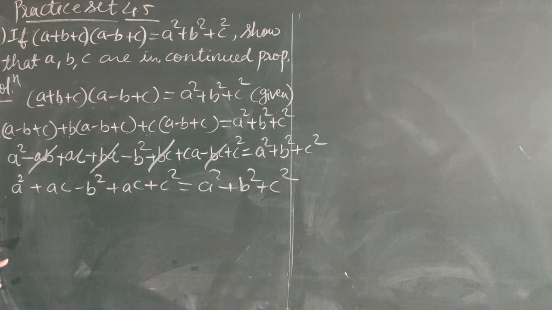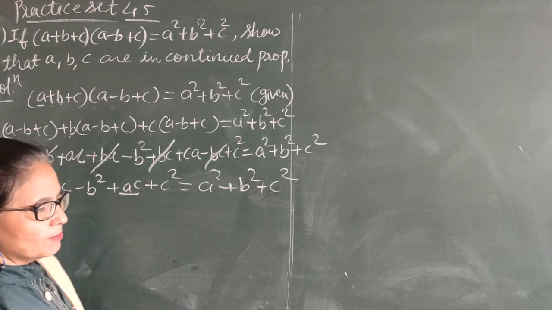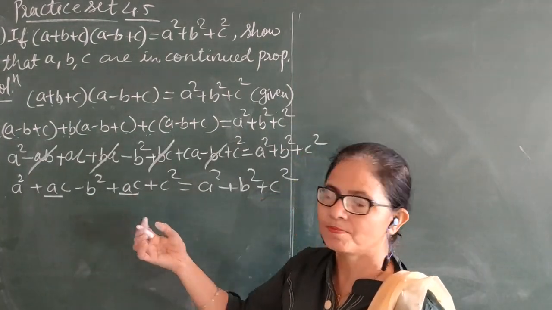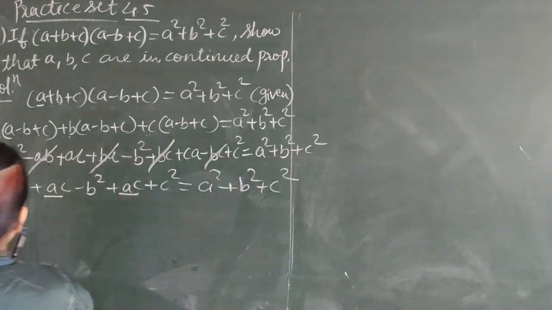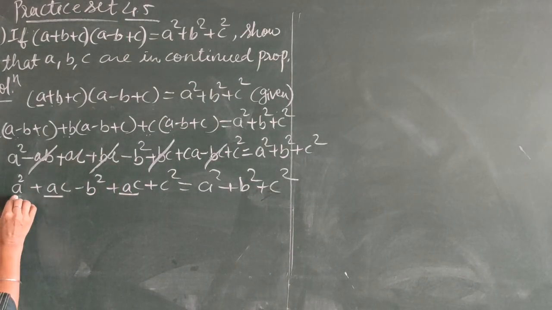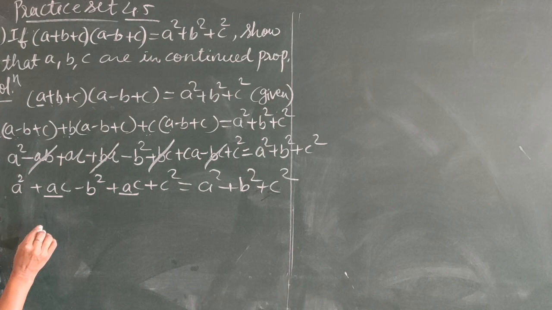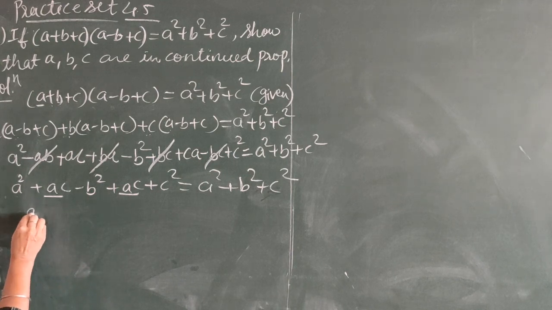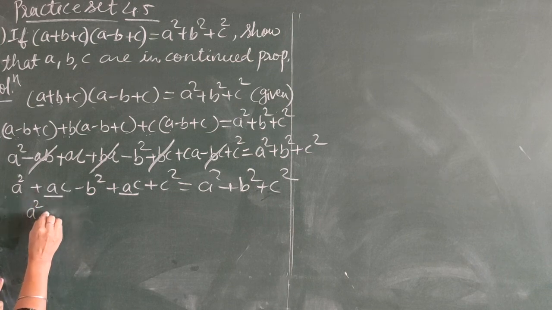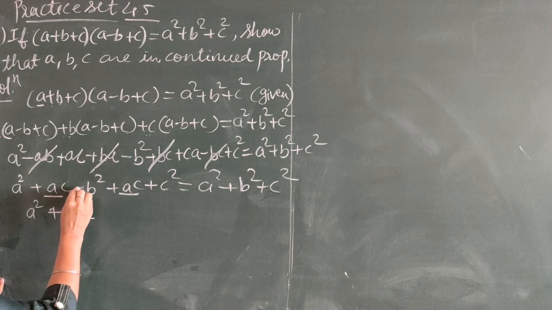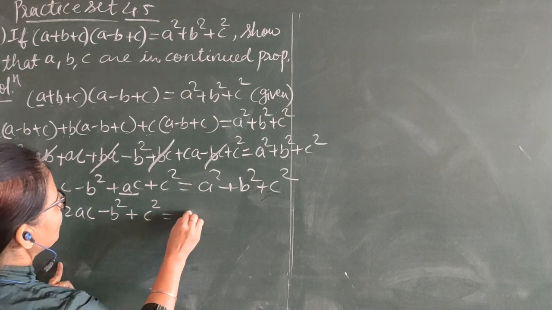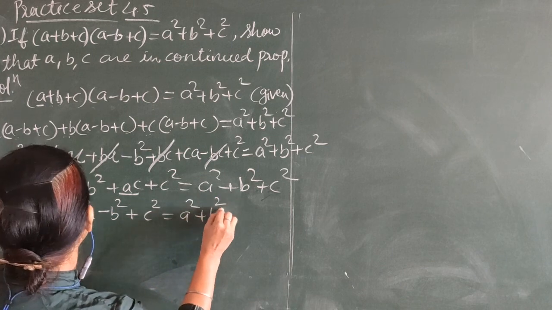Now children, you can see ac and ac you can simplify. As x plus x is equal to 2x, similarly ac plus ac is equal to 2ac. Now here we will write a square plus 2ac minus b square plus c square is equal to a square plus b square plus c square.